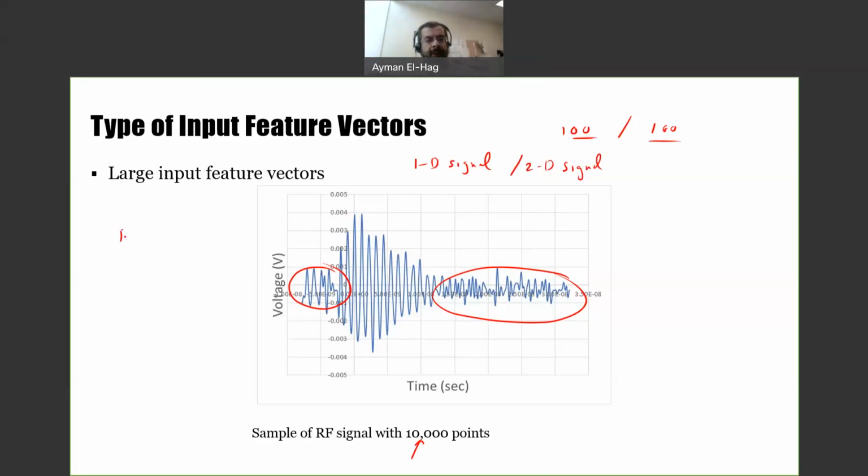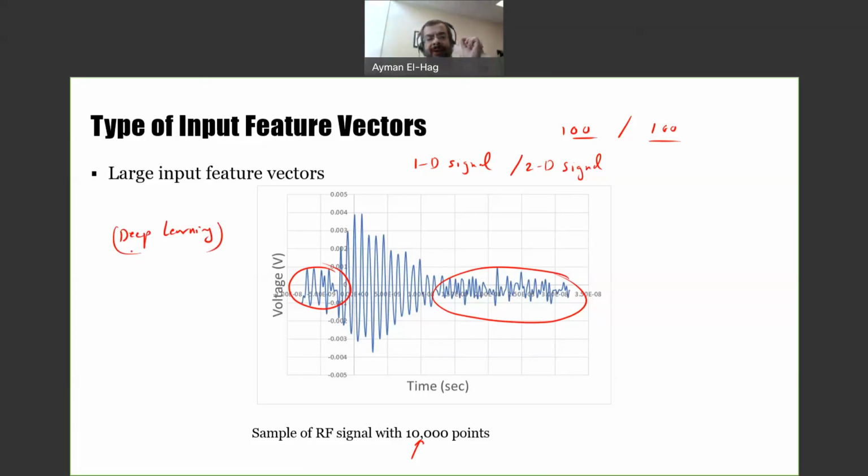Now, this approach is applicable for deep learning. If you never heard this word, this is a very important new trend in machine learning. You can feed the raw data as it is, and the deep learning classifier will be able to extract the features by itself.